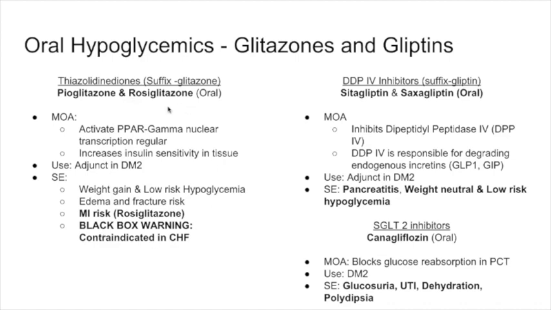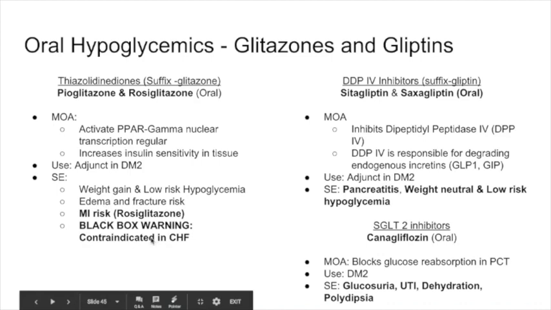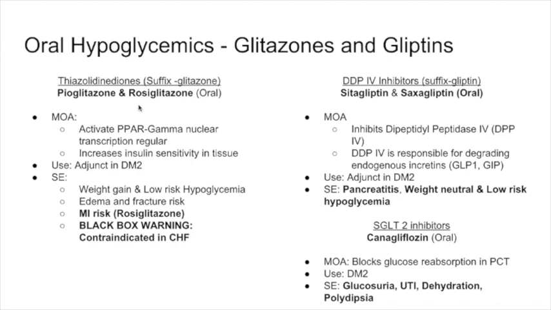They'll ask you, for example, I have a patient who is on a medication that activates PPAR gamma. What would be the major contraindication for this medication? And the answer would be either previous history of MI, or history of CHF. So that's the thiazolidinediones, the glitazones.